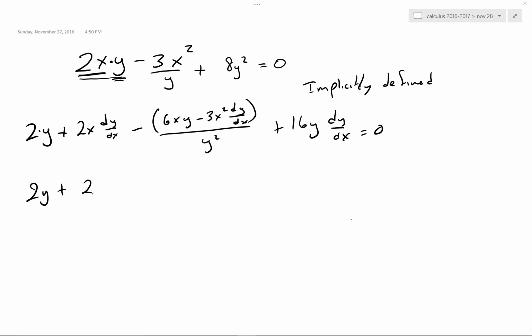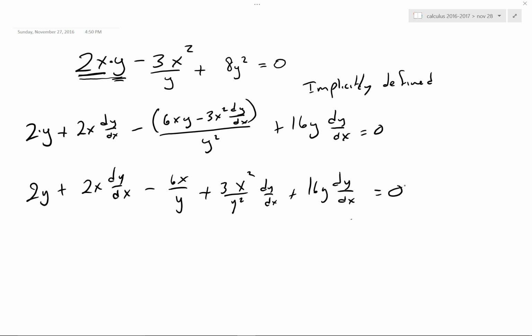I want to get everything without a dy dx on the other side.